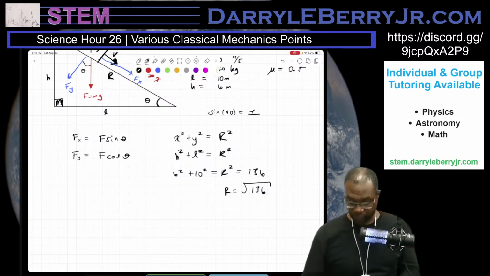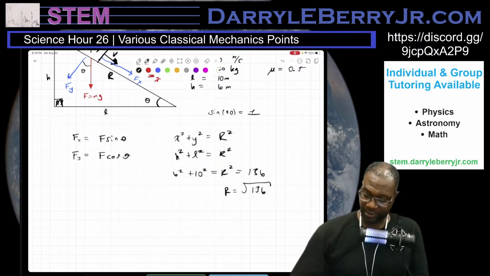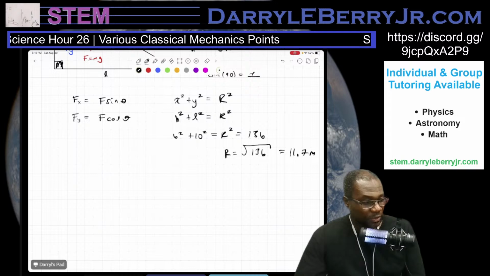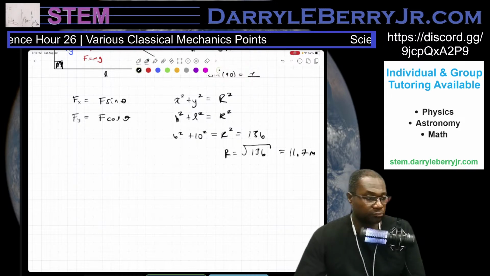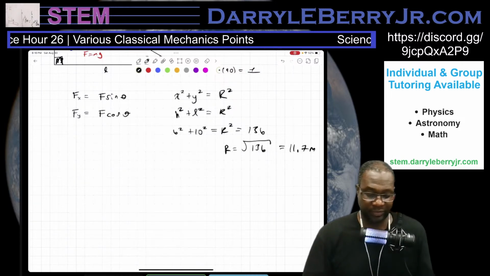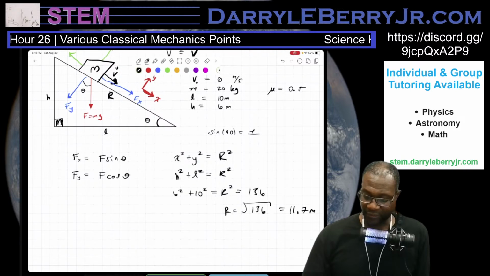It came up to 11.7. If I was to round a little bit, meters. And now I'll check, I rounded it a little bit when I did it the first time, but 7.7 is good. So now we have that. We'll probably need that later for something.